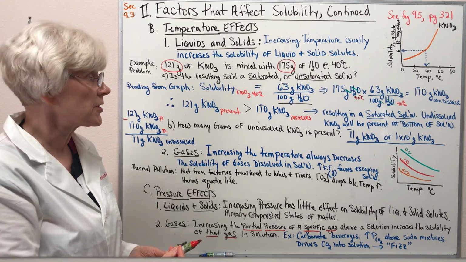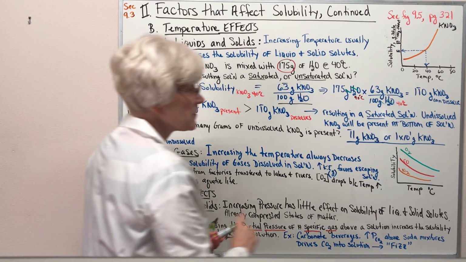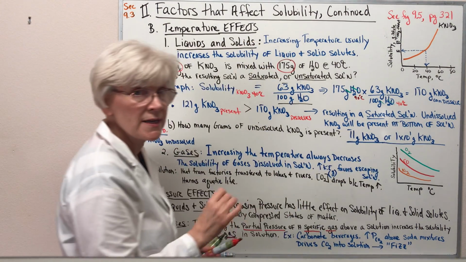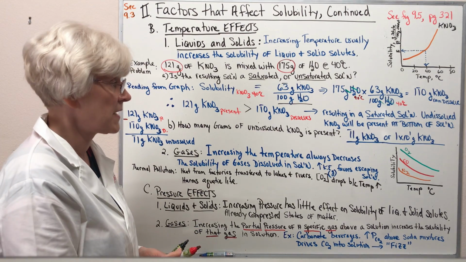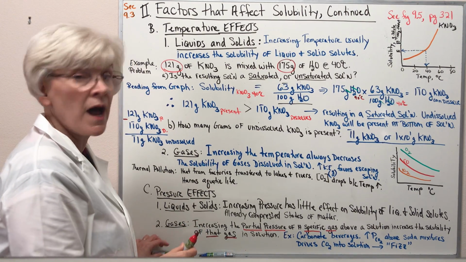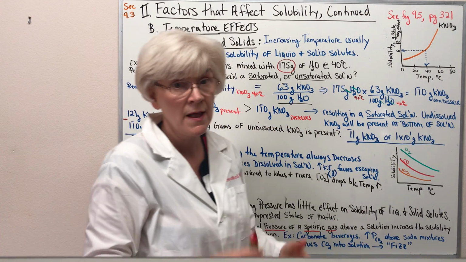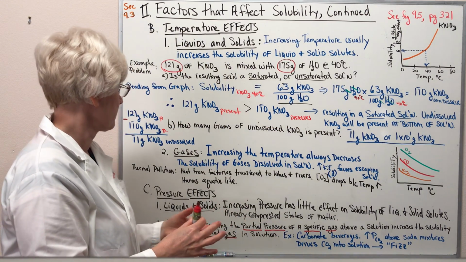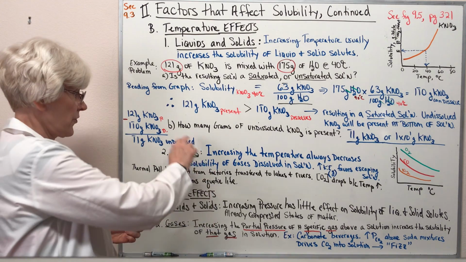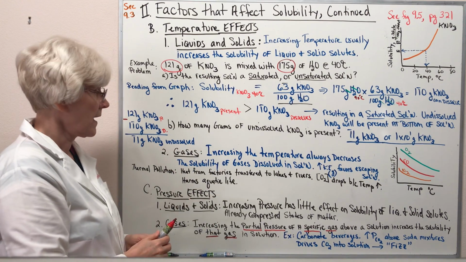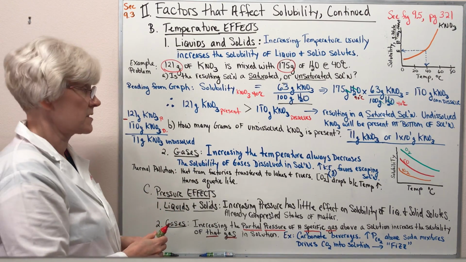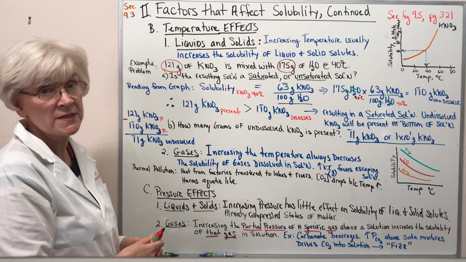So if we stirred, what we would get as a result is a saturated solution of potassium nitrate. There would be undissolved potassium nitrate present at the bottom of this solution container. So we could also answer question B. How many grams of undissolved potassium nitrate is present?